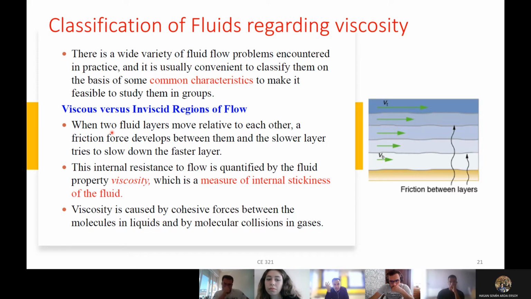When viscosity increases, shear stress increases, yeah? Or friction increases. In the previous example, I said that shear stress is maximum where? Jaren, you can contribute also.